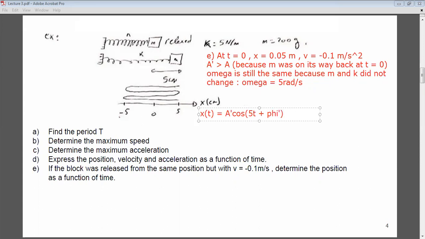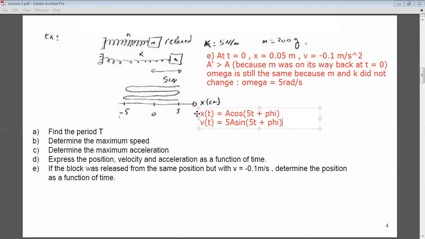Okay, so let's call it phi prime. Okay, so this is x of t, and v of t is equal to minus 5A prime, or we can just call it A. Actually, it doesn't need to be. It's the new A, sine of 5t plus phi, but it's a new phi as well.